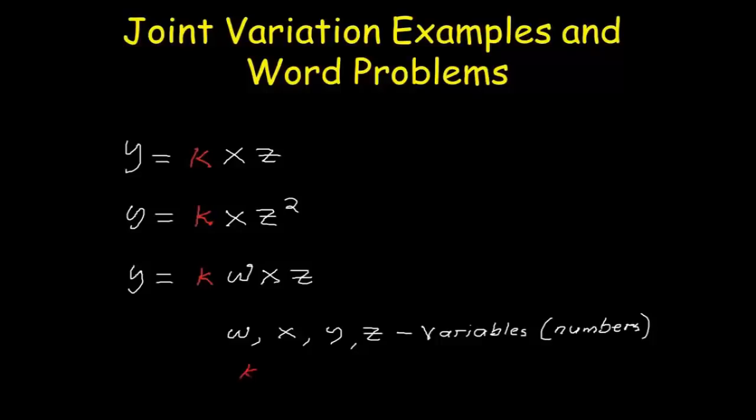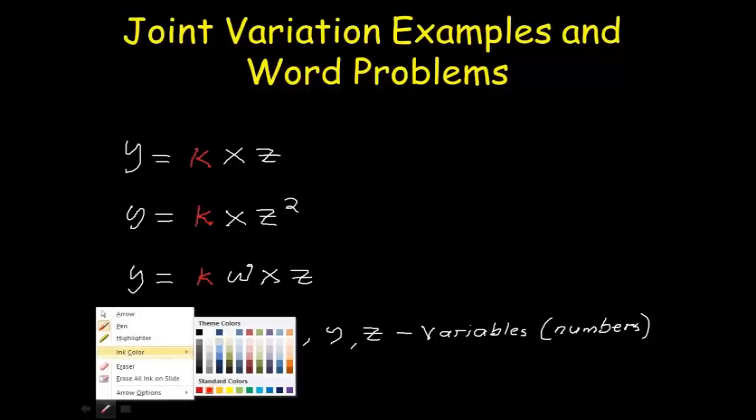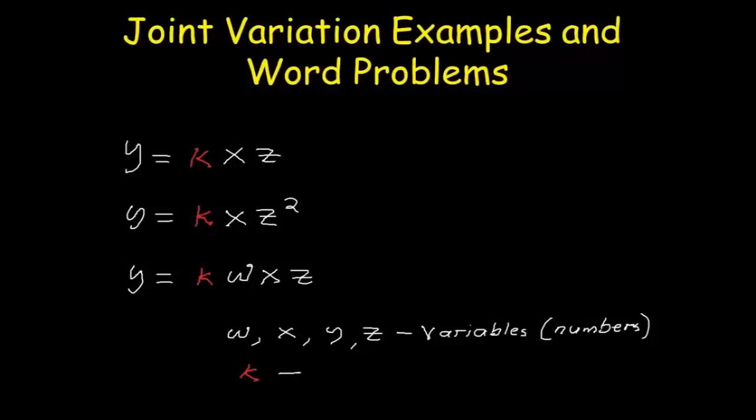The letter k here is the constant of variation. So again, y equals k x z, y is equal to k x z squared, and y is equal to k w x z are some of the equations for joint variation.